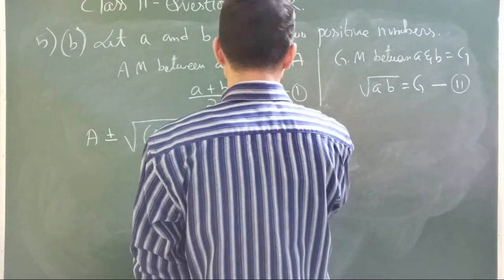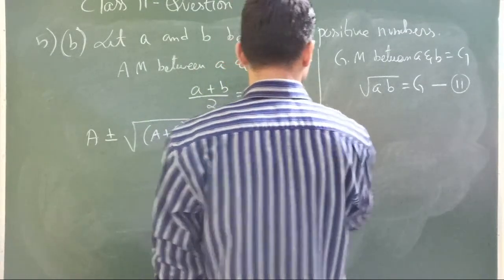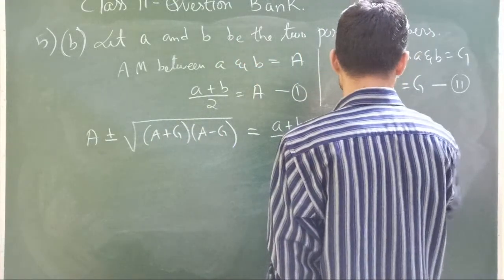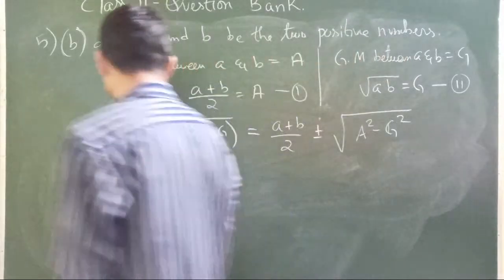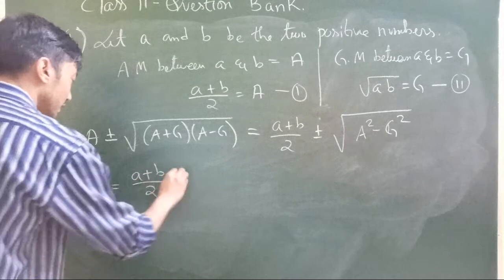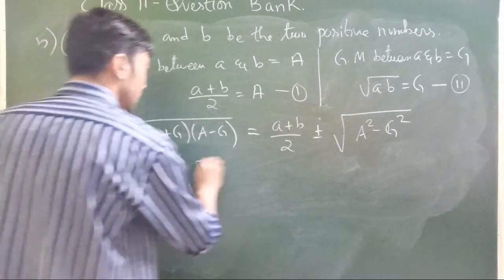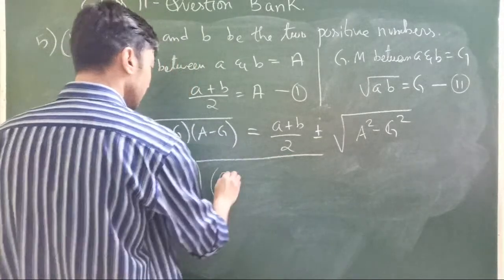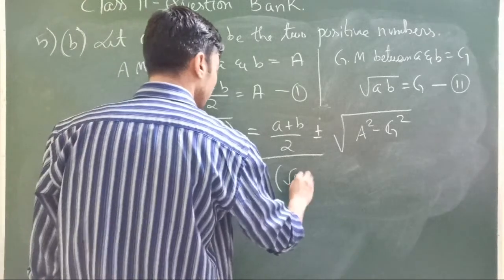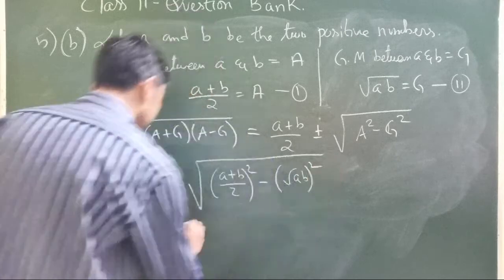The value, that is (a+b)/2 plus or minus the square root of (a+b)(a−b). I'll just use the formula first: a square minus b square. So simplifying further now. This is just about simplification. It's a very simple question. So that's ((a+b)/2) whole square minus (root of ab) whole square.